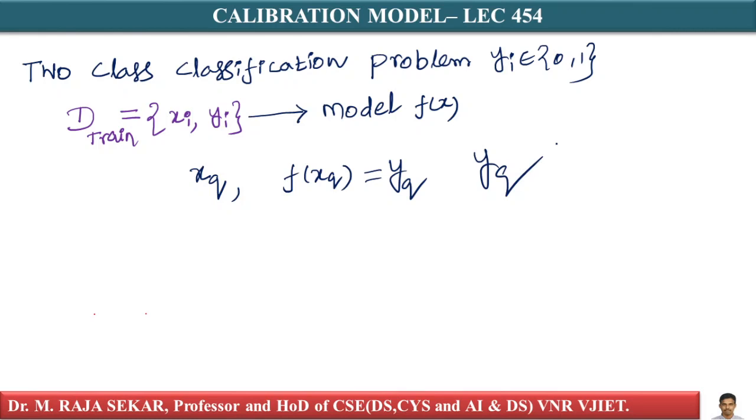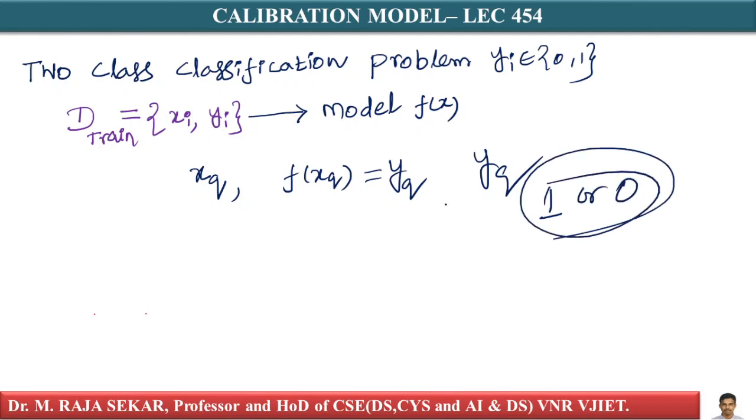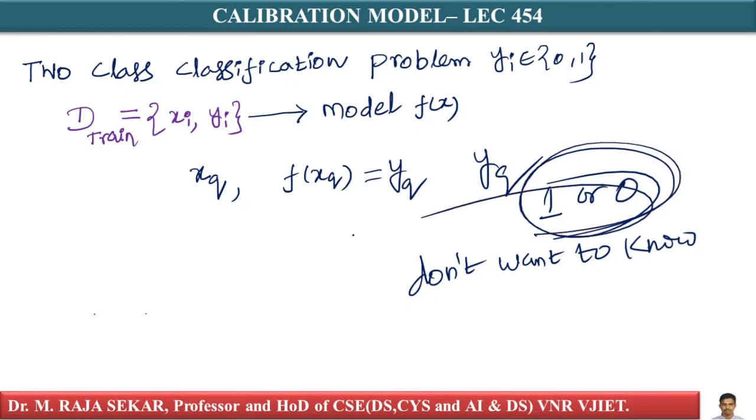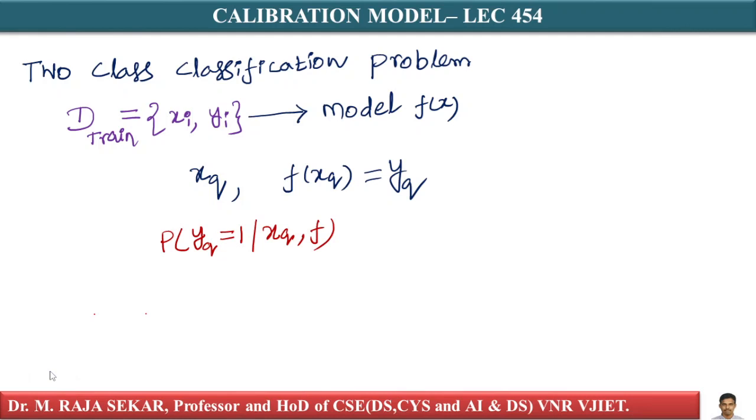In a binary classification setting, I just don't want to know whether the class label is 1 or 0, but I want to understand the probability of yq equal to 1 given xq.